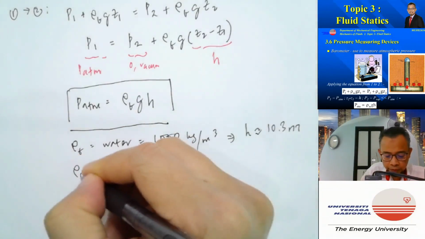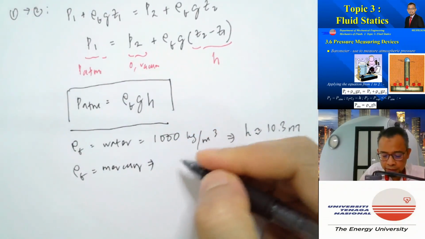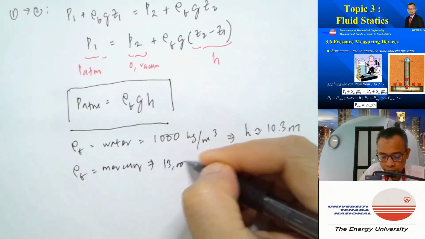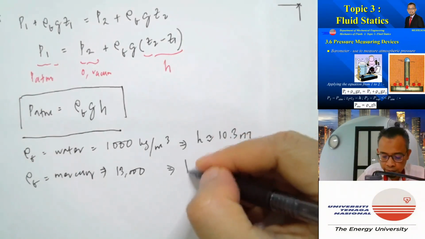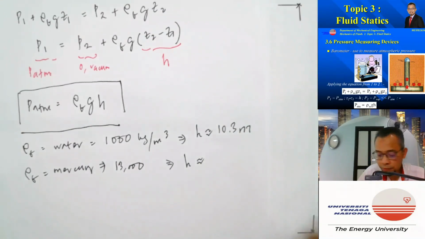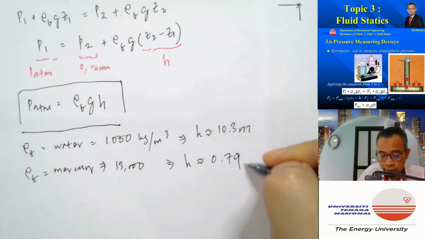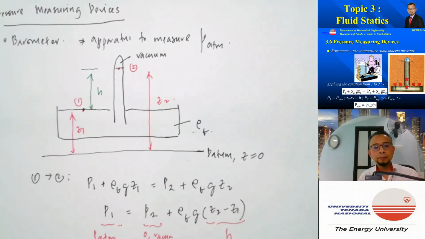Whereas if the fluid is mercury, whereby the density is equal to about 13,000, so about 13 times higher, H will be approximately equal to 0.79 meter. So this is a barometer, a very simple device which allows us to measure the atmospheric pressure.